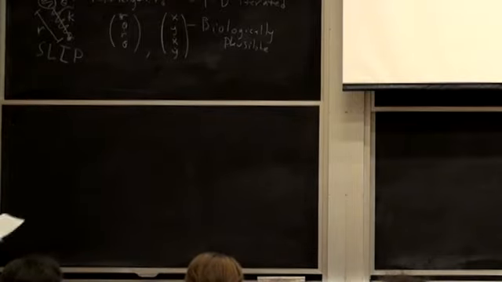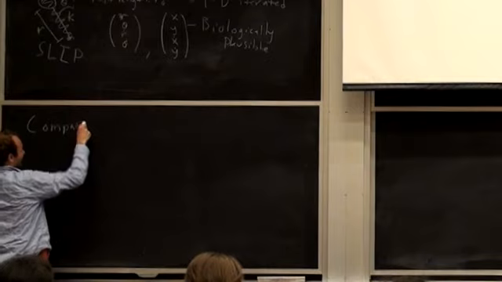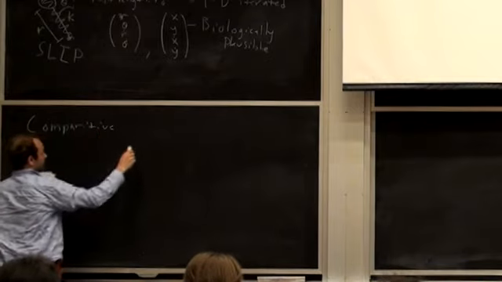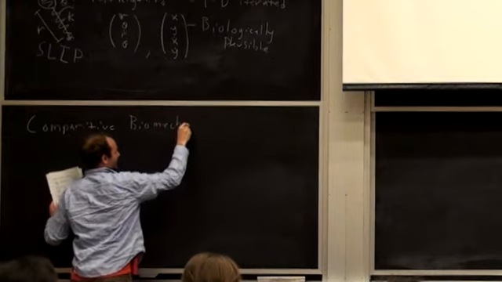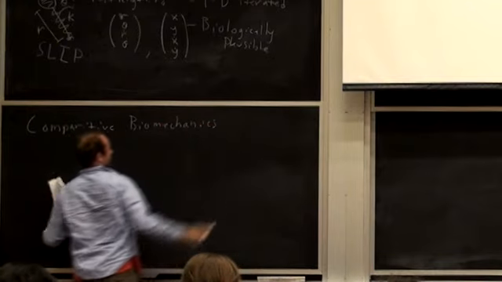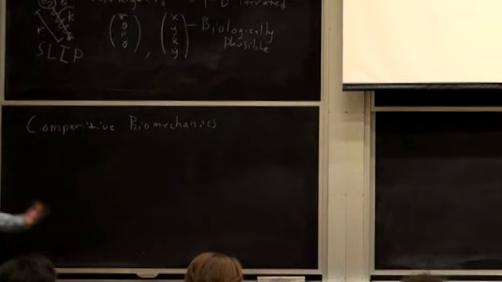The justification here comes from a field called comparative biomechanics. This is a pretty cool field. They look at all sorts of different systems and try to figure out the commonalities in the kinematics, the dynamics, or certain properties, and figure out what the fundamental, common features of these different biological systems are.